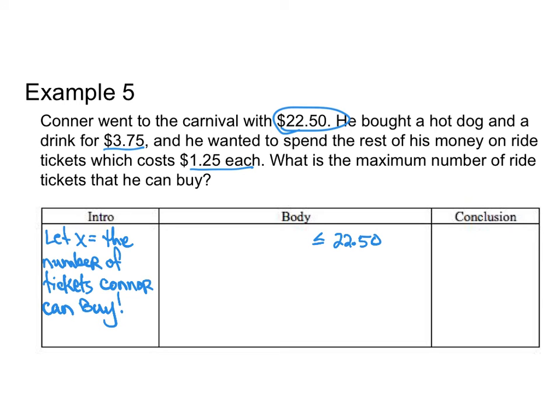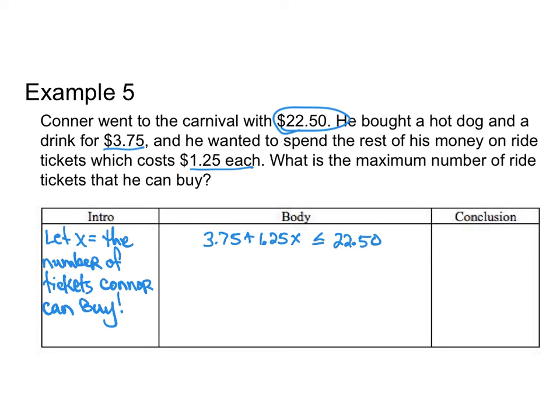So he has the $3.75 is what he bought, plus the $1.25 per ticket. It cannot be over the $22.50. There is another way of setting this up. This is just how my brain understands it: the $3.75 plus the $1.25 times how many tickets you have cannot go over the $22.50. There are other ways to set this up. This is just how I am doing it, okay?